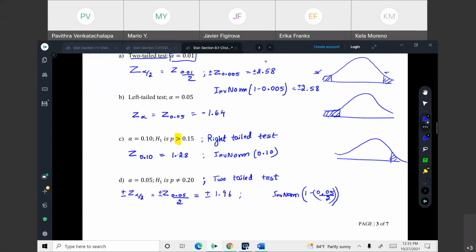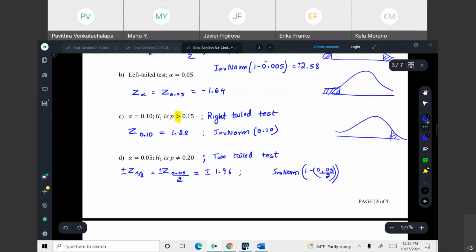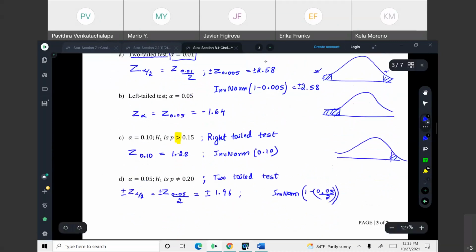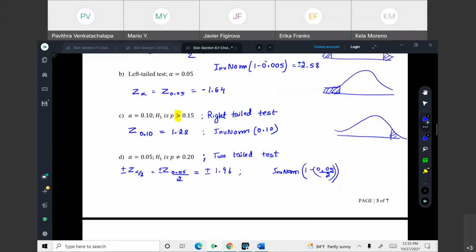Likewise for a right tail, you will be calculating Z alpha, you will have one sign, and the alternative hypothesis is greater than. Now I know this is a lot to take, but if you can prepare a table or some notes, you can easily understand.